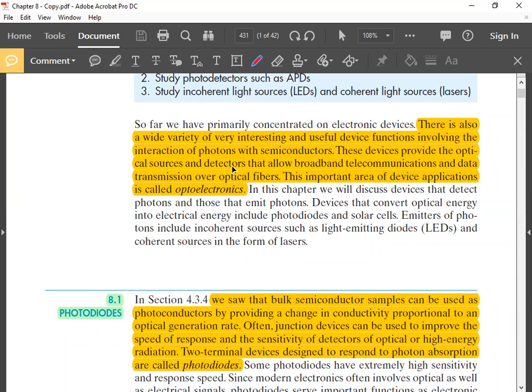So optical sources and detectors are very important in this type of communication. And these things can be made using semiconductor devices, because semiconductor devices can interact with photons. This branch of semiconductor devices is called optoelectronics.